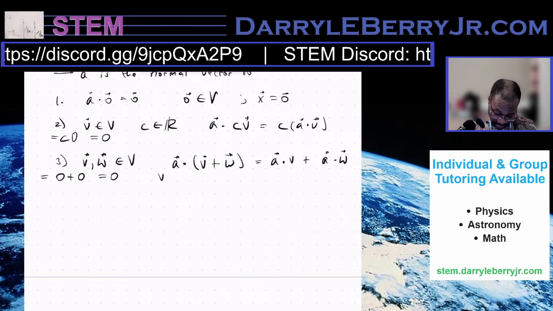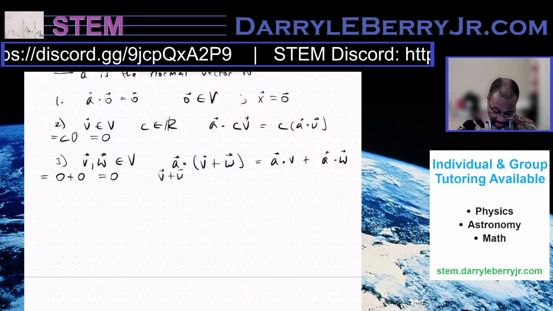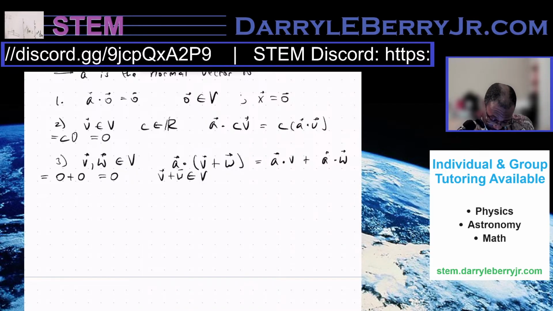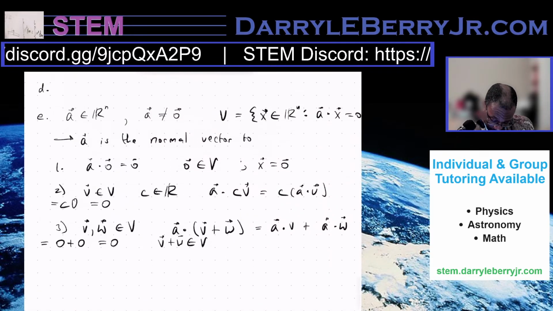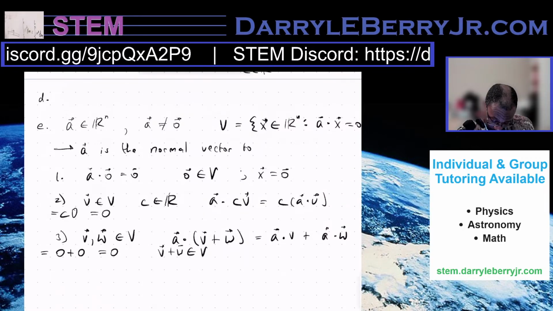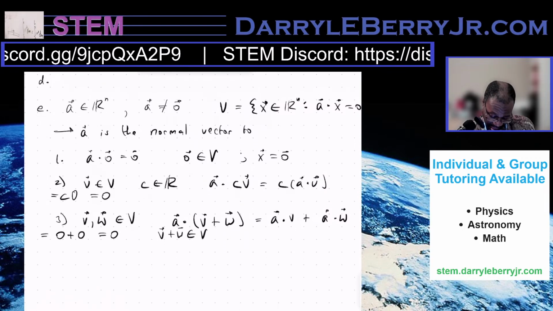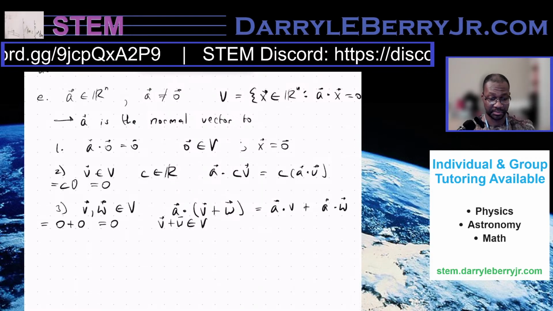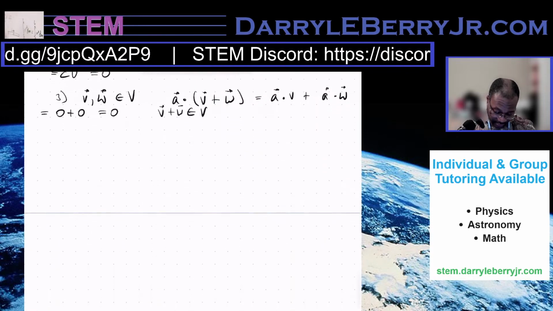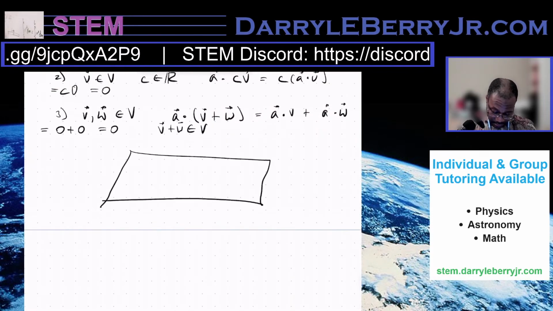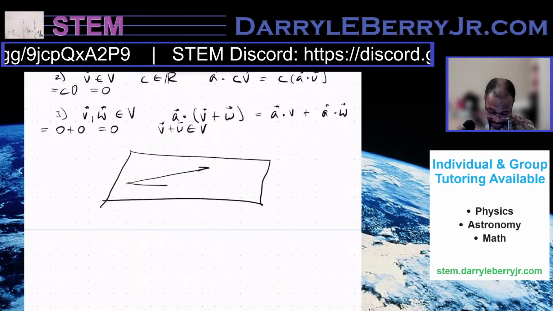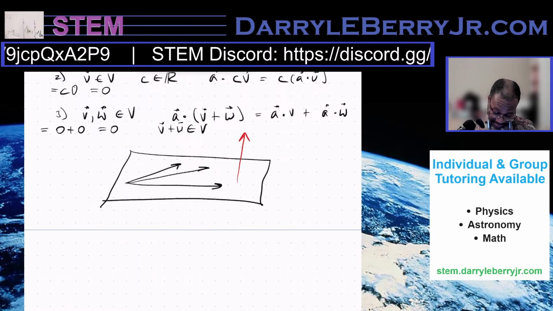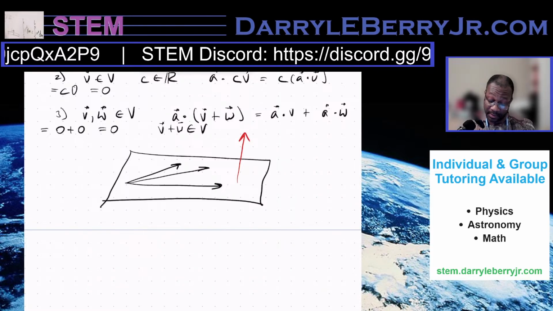Thus V plus W is in V. Thus any vector in V will be perpendicular to the normal of the plane. That makes sense. You have a plane. Doesn't matter how many vectors you draw in that plane, they'll all be perpendicular to the normal of the plane. So that's why we can do this.